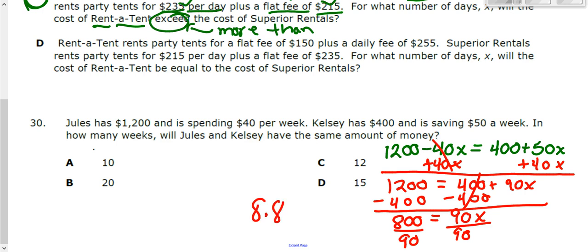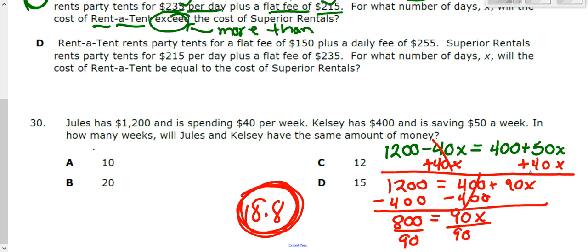So I'm not really seeing an answer here. I'm going to pause for a minute. I want you to go back and see if you can find my mistake, but I'm going to see if I made a mistake here. Okay, I'm not seeing a mistake. Maybe you saw a mistake, but 8.8 is actually what I got. I guess we could say the answer was A because it's the closest, but I've double checked my work, and checked to make sure my equation was correct: 1200 minus 40x equals 400 plus 50x.